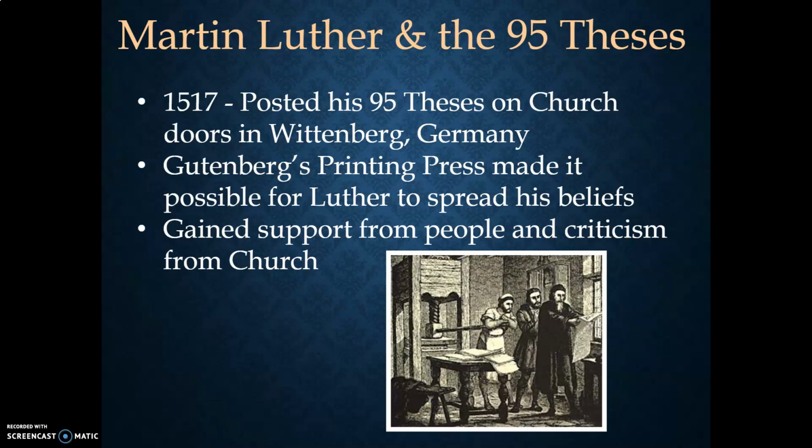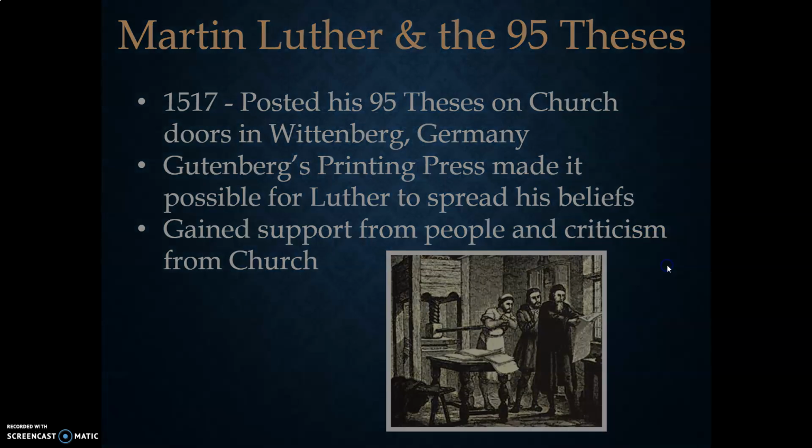And because of Gutenberg's printing press, his ideas start to spread amongst Europe. And people really like his ideas. But unsurprisingly, the church doesn't. So they try him, they find him guilty, and instead of being exiled, he actually gets taken in by a bunch of German princes who really like his ideas.